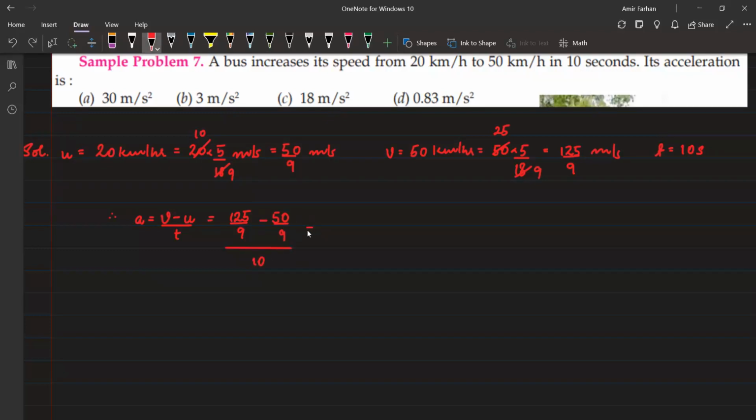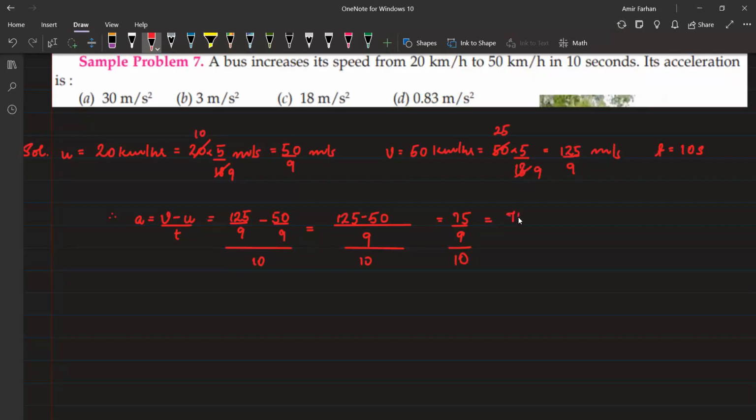As you can see, 9 is the common denominator, so the LCM would be 9. So 125 minus 50, divided by 10. It is coming out to be 75 by 9 divided by 10. As you can see, this is a double division, so 10 will go in the denominator.